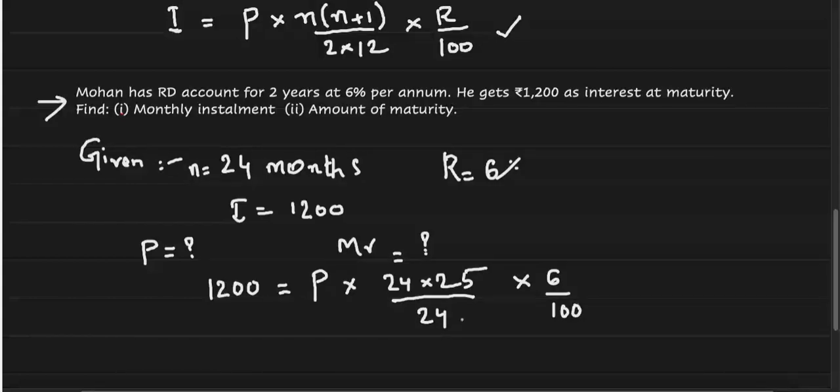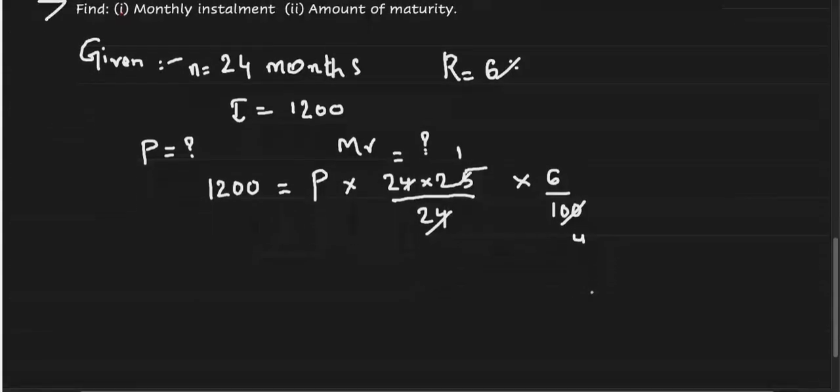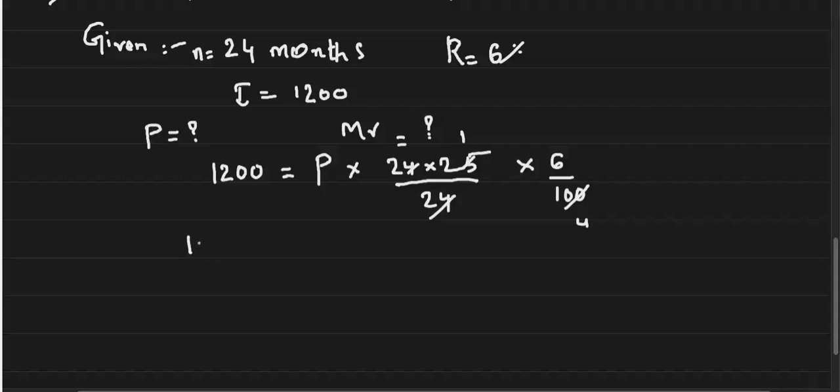So, basically what is happening, 24 and 24 will cancel, and 25 one times, 25 four times, and this is 3 by 2. 3 by 2 goes to the other side and becomes 2 by 3. So 1200 multiplied by 2 by 3 equals P. This 1200 divided by 3 becomes 400, into 2, 800.